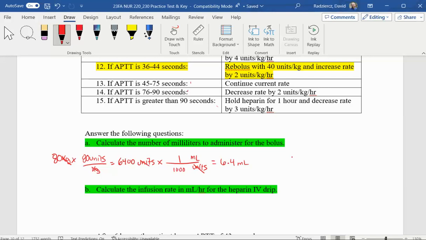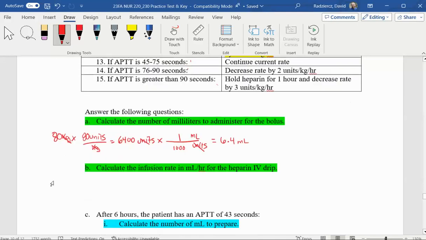Are there any questions on where I got 6.4 milliliters? Okay, thank you for your answer. Okay, good.